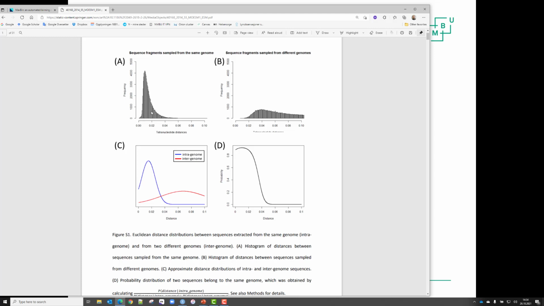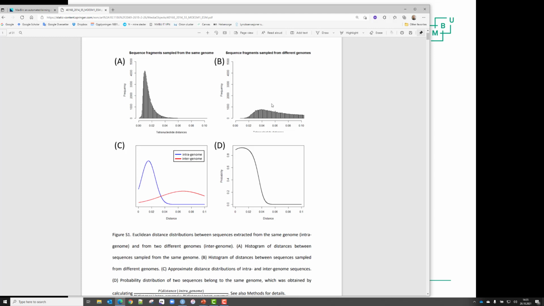And they did this for, I think it was a million, yeah, quite many contig pairs, right? You can see the numbers here are pretty big. And we can see that as long as you compare contigs from the same genome, you compare one contig from a genome to another contig from the same genome, that's what we see here, the distances are fairly small. Because they come from the same genome, they have approximately the same 4-mer frequencies.